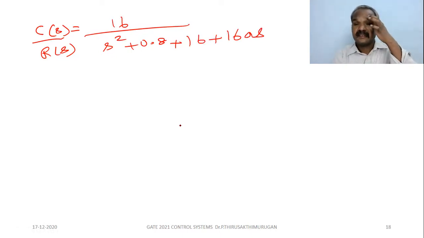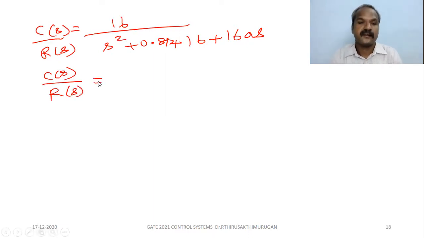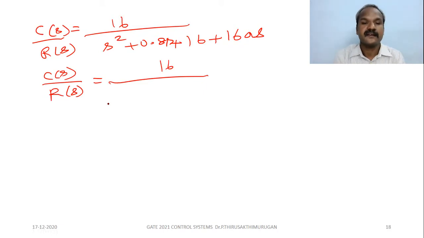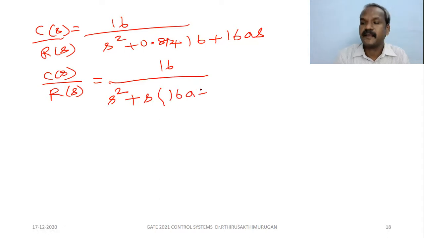So this is a second order system. We can write it in the standard form: S square plus S into, if you take S as a common term, 16A plus 0.8, plus 16.